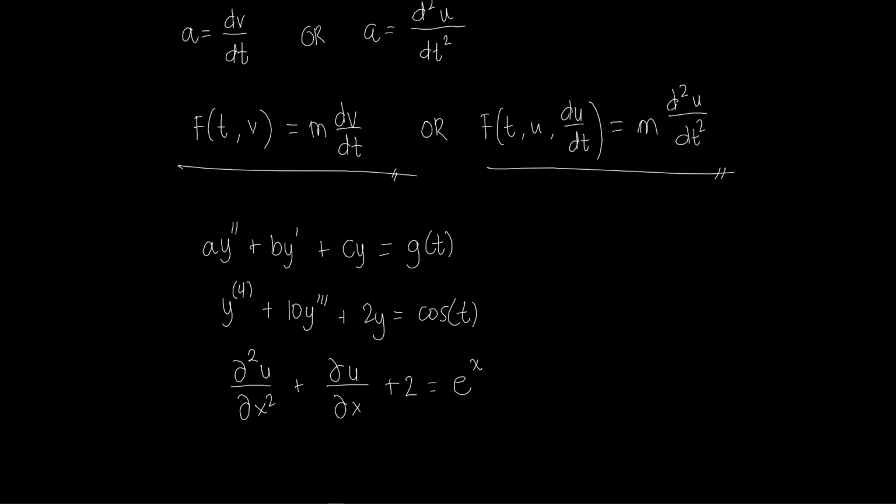Eto, this is still a derivative pero partial. So, kapag makakita kayo ng ganitong symbol, ibig sabihin yan is partial derivative. Okay? So, meron tayong iba't ibang forms, iba't ibang way na pagkakasulat ng ating differential equations.